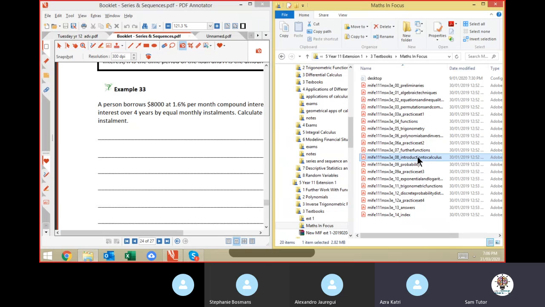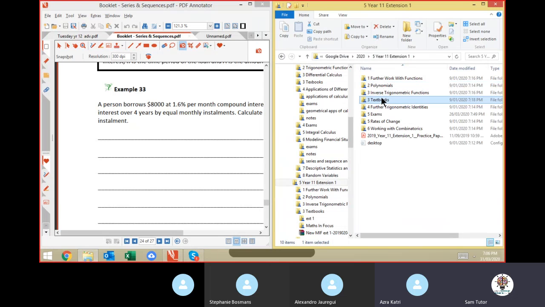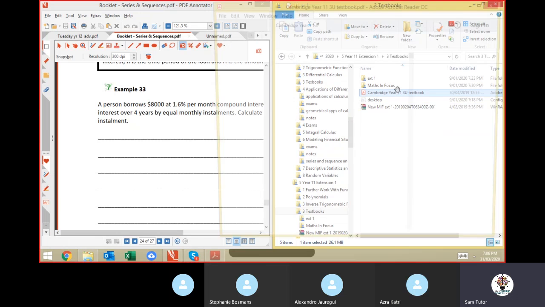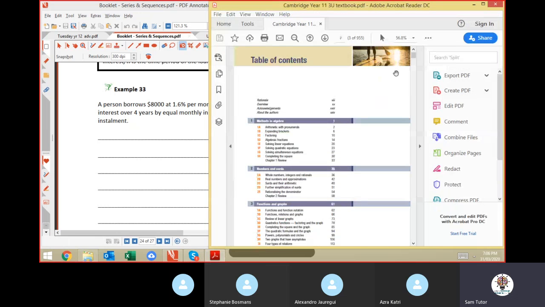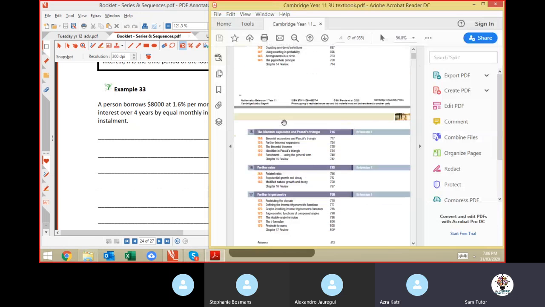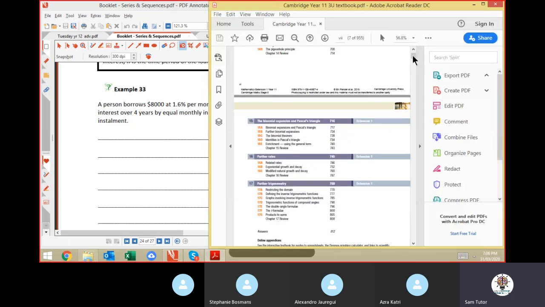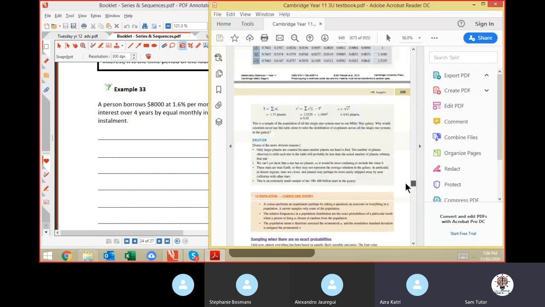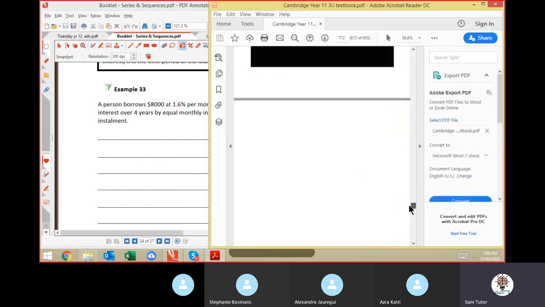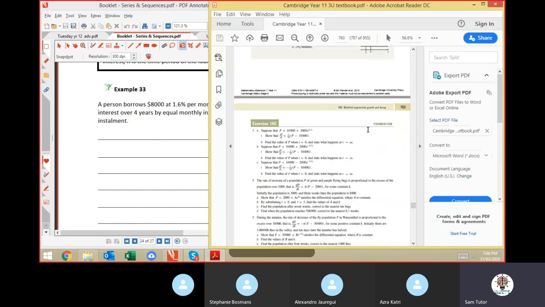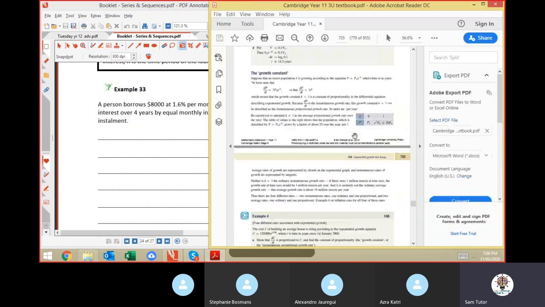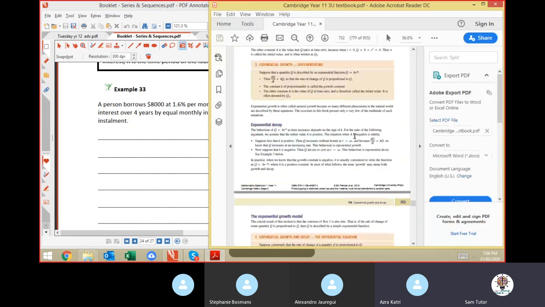This book's Cambridge. What chapter? 16. 16, Further rates. Okay, and what exercise? The first one.